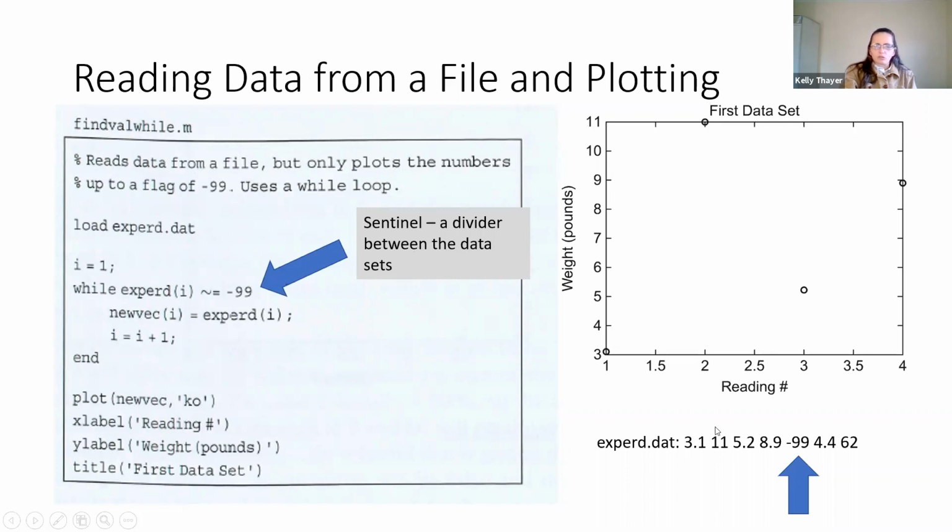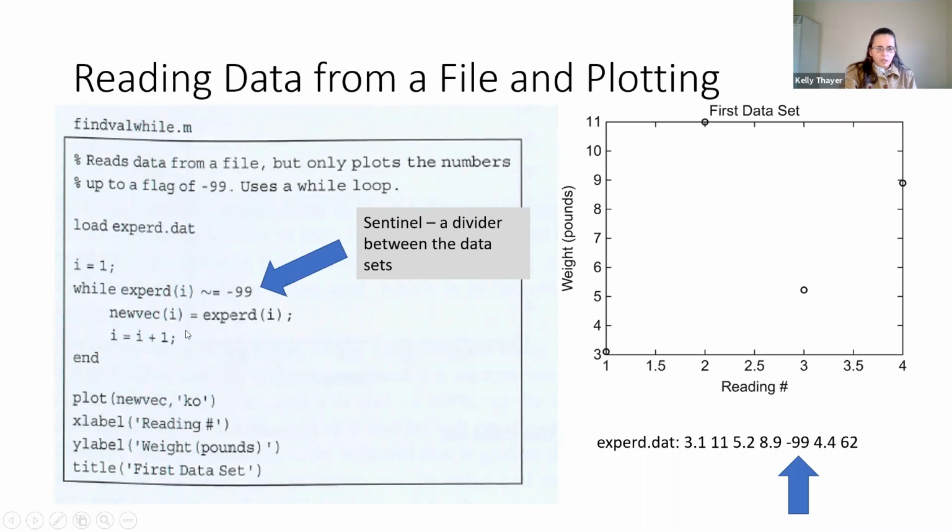What this allows you to do is to have some data like we have down here and to pick up all the data up to when we hit this value right here, and then it's going to stop collecting the data. So this is going to do reading while the experiment D values are before we hit this sentinel.